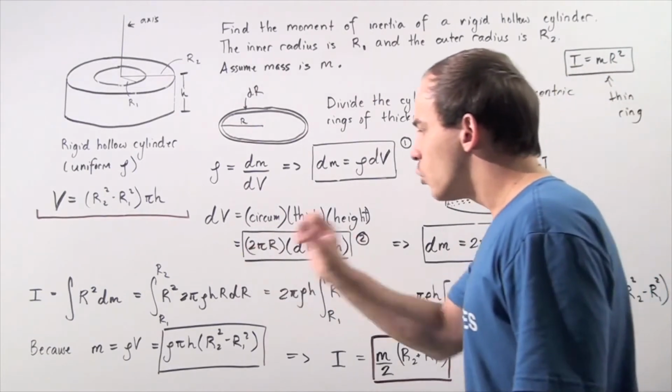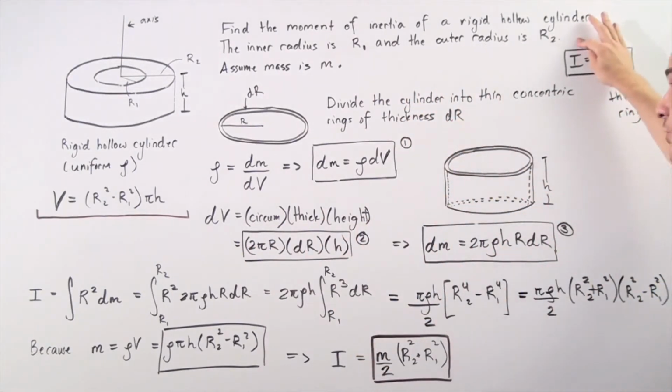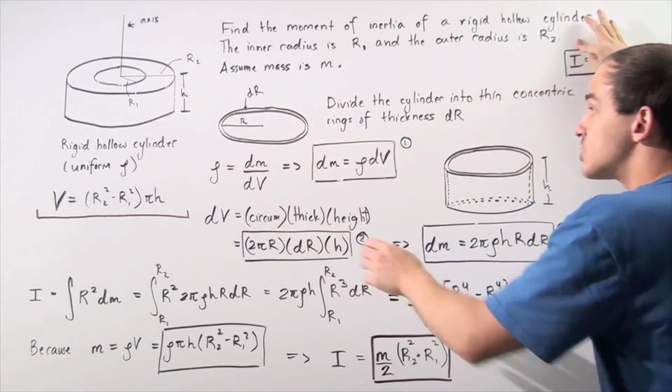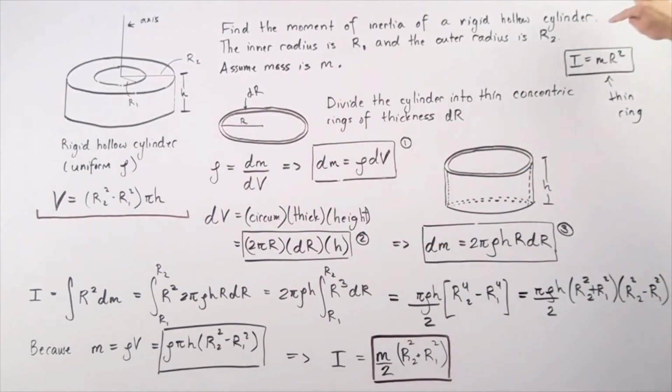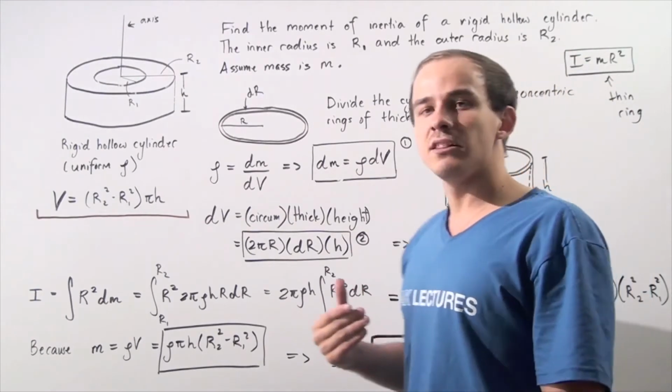Now, before we go on, let's recall the moment of inertia of such a thin concentric ring. The moment of inertia of such an object is equal to m times r squared, where m is the mass of that object and r is the radius of that object, squared. This is the moment of inertia of a thin ring, which we spoke about in a previous lecture.